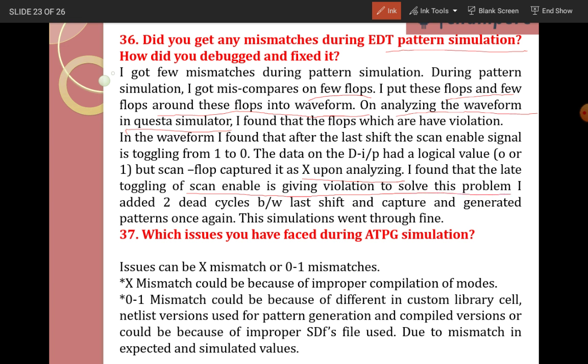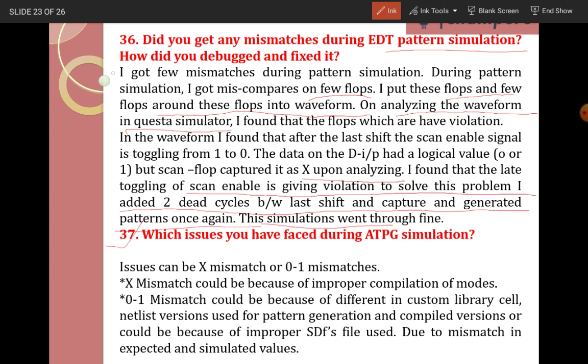To solve this problem, I added 2 dead cycles between last shift and capture and generated the pattern once again. So this simulation went through fine. This is how you can say your solution also.